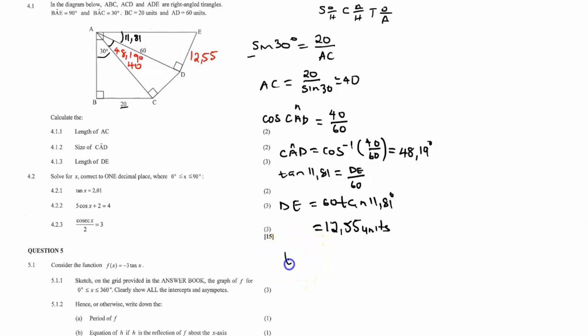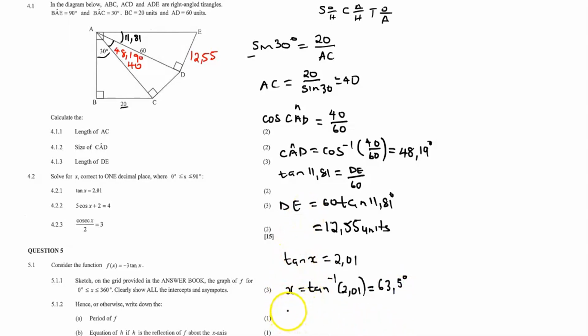So tan x is equal to 2,01, and then you just solve for x, and then it gives us 63,54. So it's going to be 63,5 because they said to one decimal place.